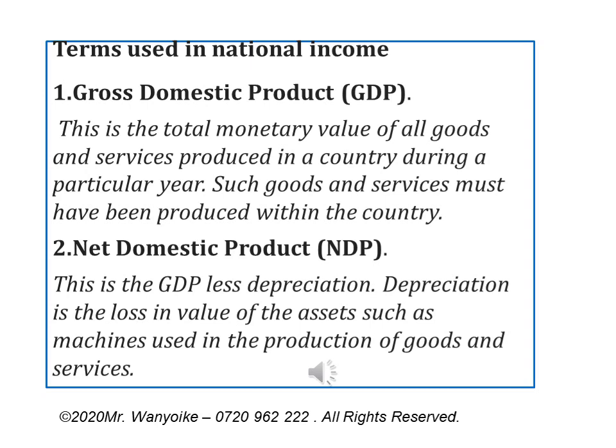So we need to deduct that, and we can put it in brackets as expenses, or what we have spent in the process of earning whatever amount we have earned. So when we talk about net domestic product, we'll be talking about gross domestic product minus depreciation. And this depreciation, we said, is the loss in value of the assets we have used in the process of earning whatever we have earned in a given period of a year.